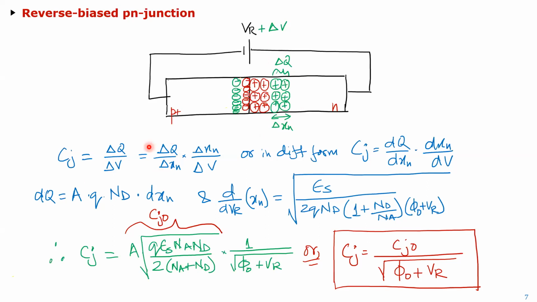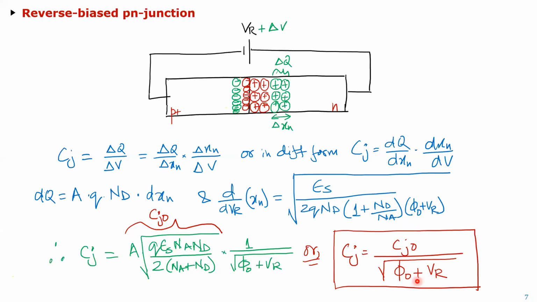So I split this equation into two of these forms, and using that previous equation for depletion length and charge, I take the derivative of Xn with respect to VR, get this expression, and substitute it here to get the final expression.